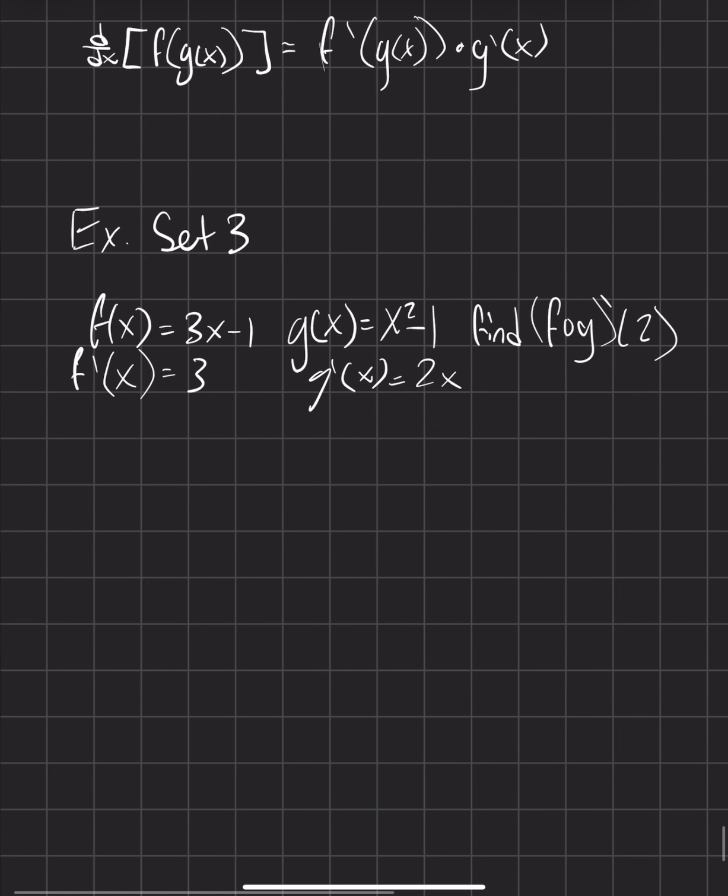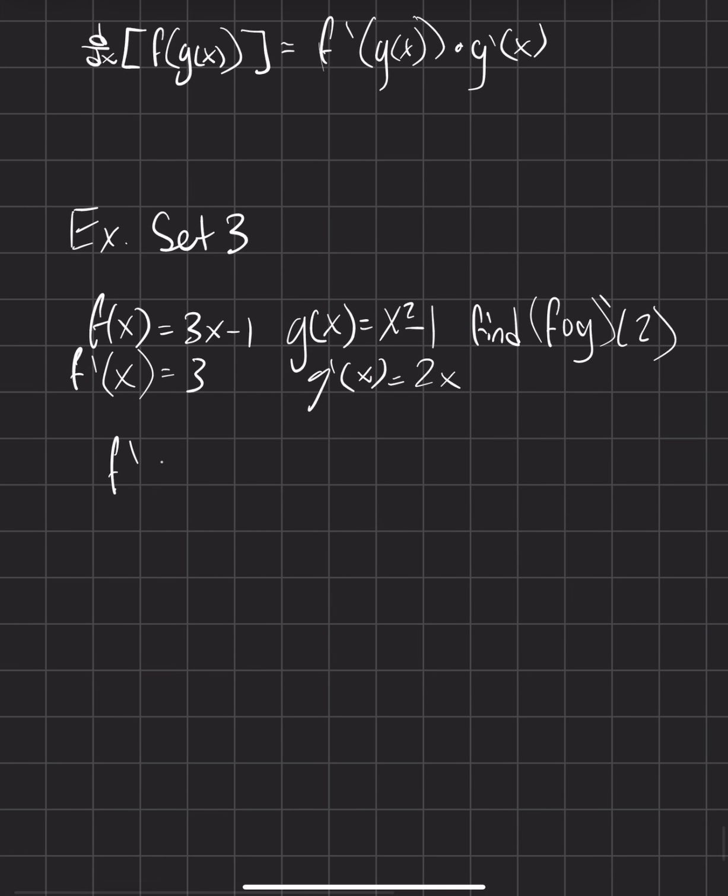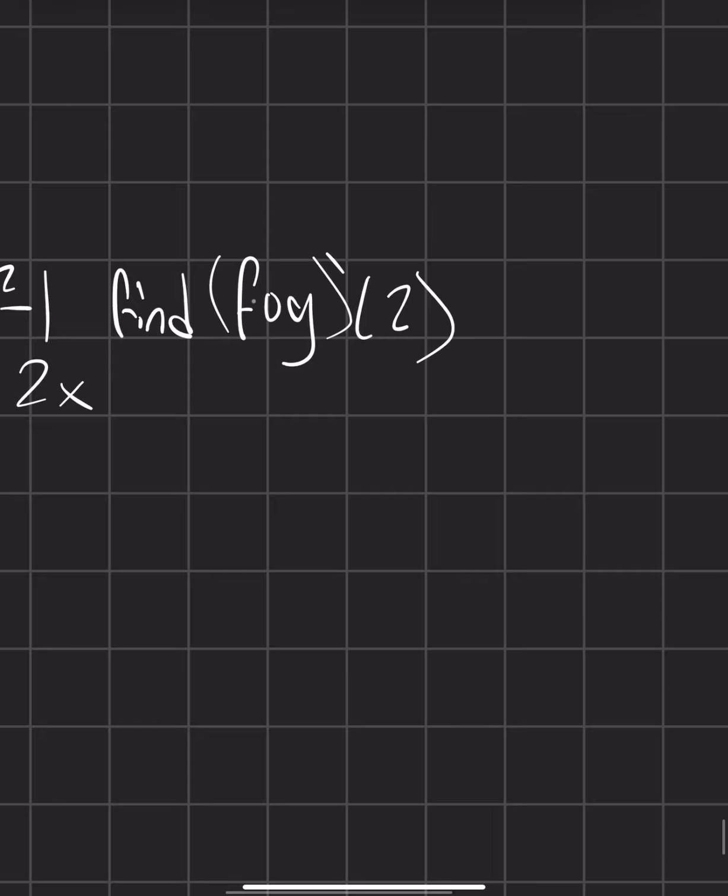So we look here, f prime of g of x. What is g of x right now, right? But we also find this for the composition of f circle g of 2, right? And also what we need to remember when it says f circle g, that means the part here, that's the circle part, that's the inner function, right?